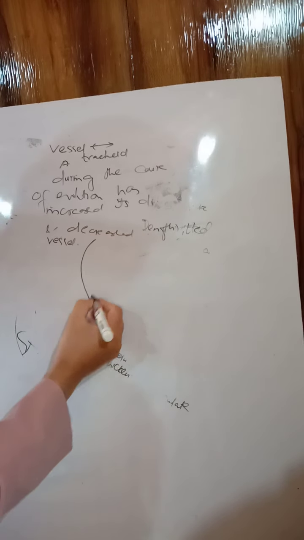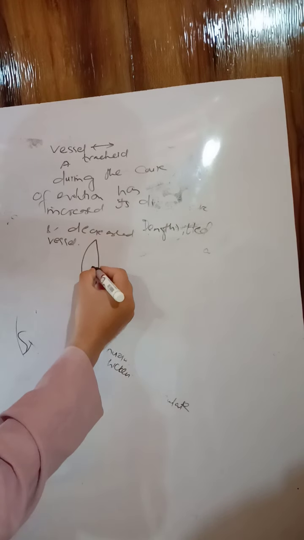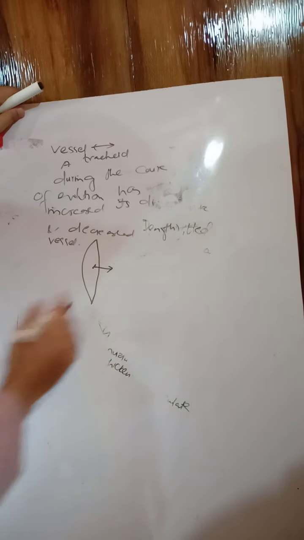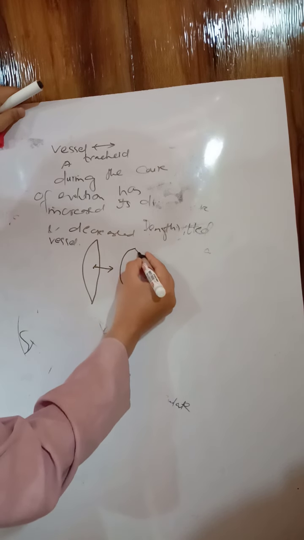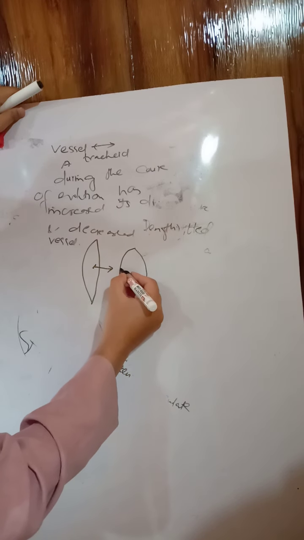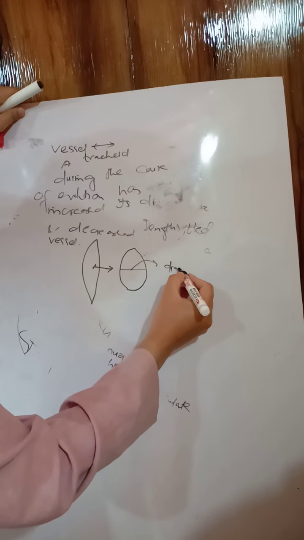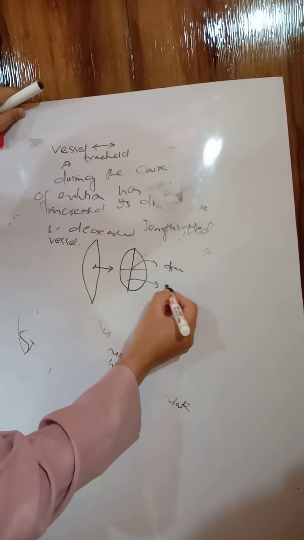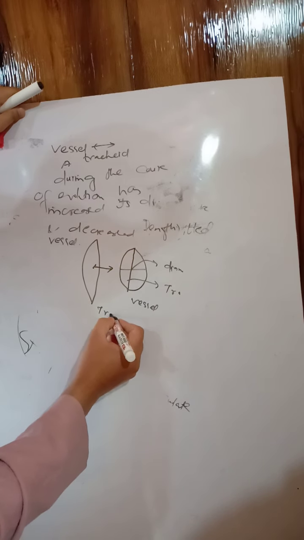Tracheid is like this. It has, during evolution, decreased its length and increased its diameter to form a vessel like this. This is a vessel having much greater diameter and lesser length as compared to a tracheid. This is vessel and this is tracheid.